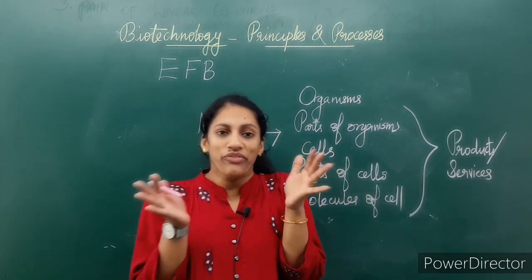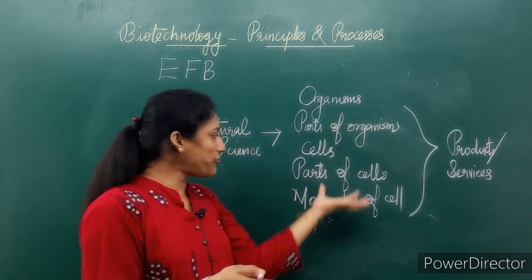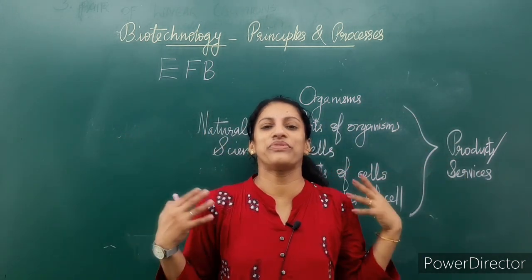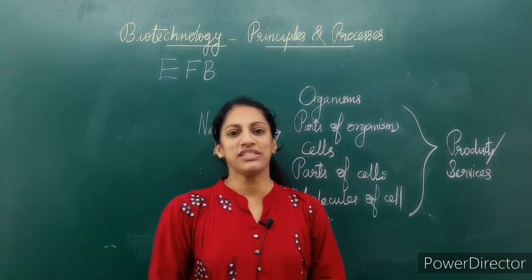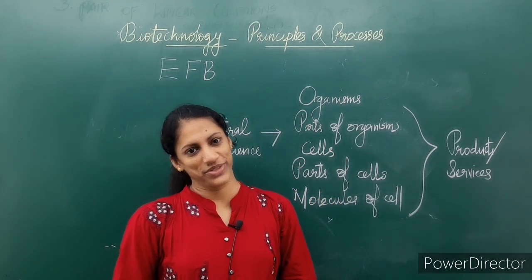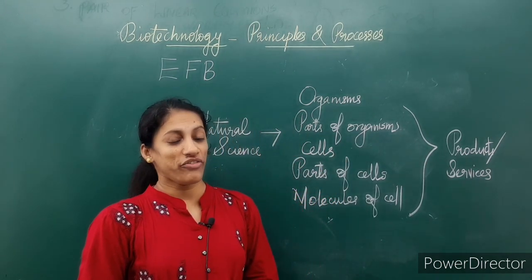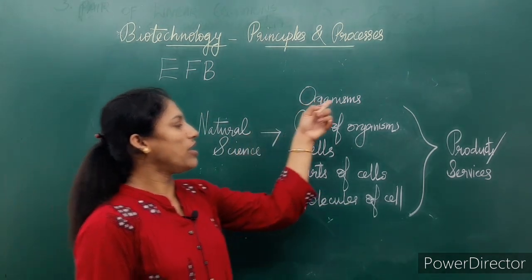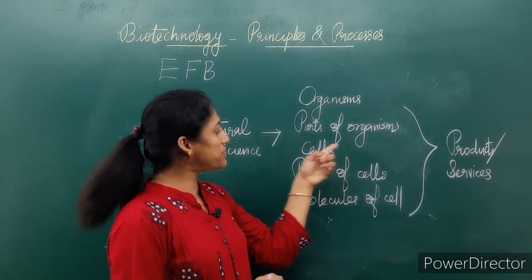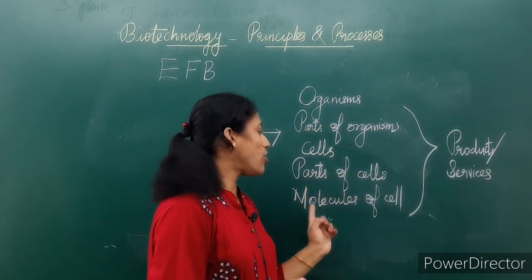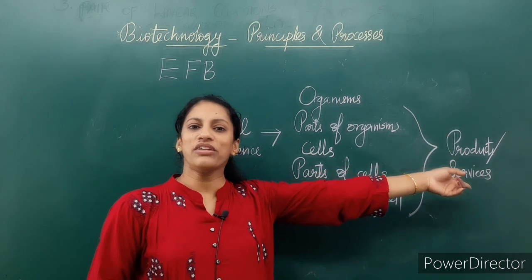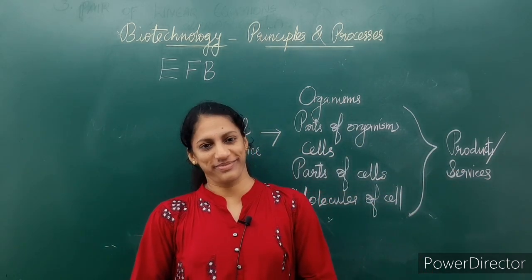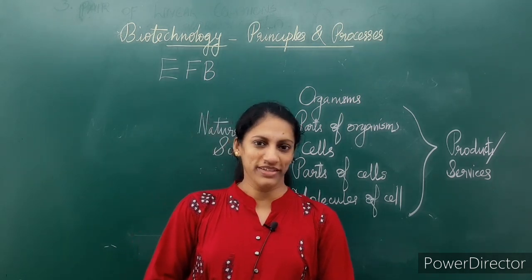That means if we are using any of this to get products and services useful to mankind, that is what biotechnology is. It's a simple definition. EFB has defined biotechnology as the integration of natural science with organisms, parts of organisms, cells, parts of cells or molecules of the cells in order to derive beneficial products or services. Did you get me?